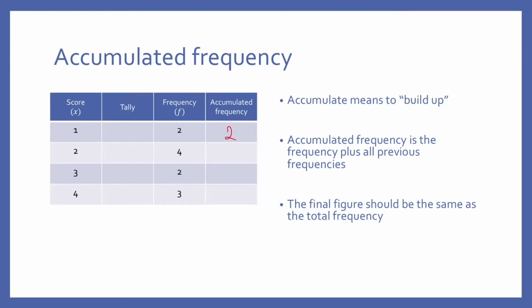That means since there's no scores before it, accumulated frequency is 2. For the next column, it's going to be 6 because we're going to have 4 and what we had previously, 2. So each time we keep adding it up. Next is 8 because 6 plus 2 is 8. Next is 11. 8 plus 3 is 11.